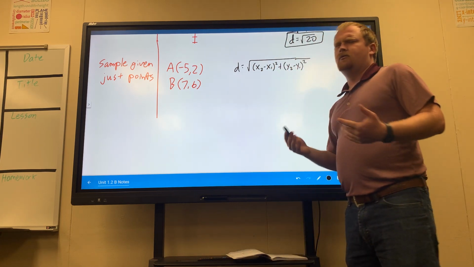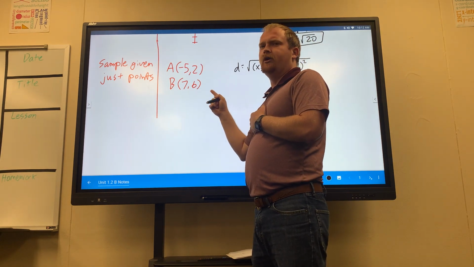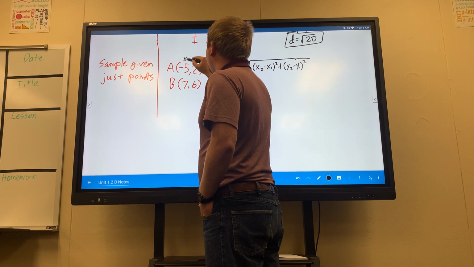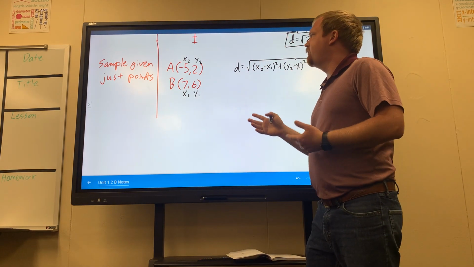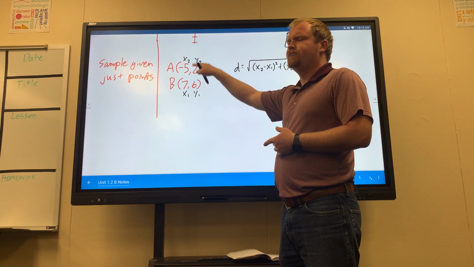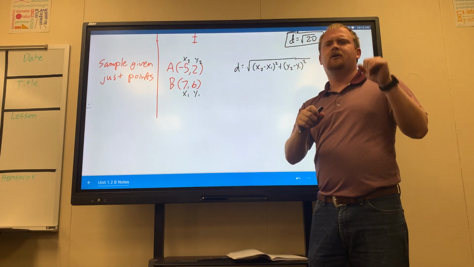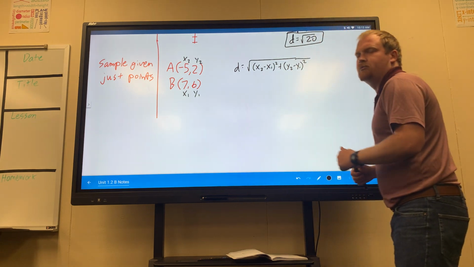Remember, I can label each of these points accordingly. For example, I can make the top one x2, y2, and the bottom one x1, y1. Again, it doesn't matter which one is x2, y2 and which is x1, y1, just as long as x1 is paired with y1 and x2 is paired with y2. Just remember that.